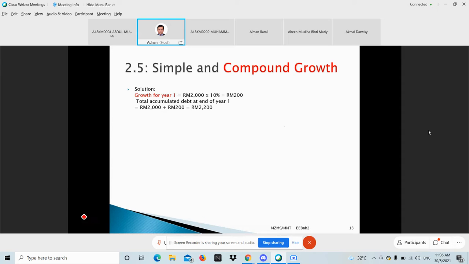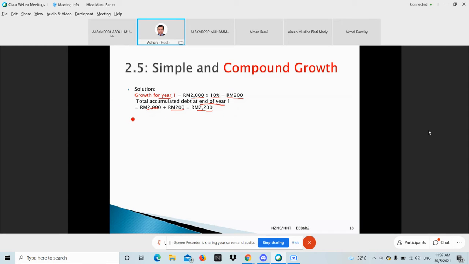Example here, for year 1, okay, you borrow 2,000, the growth is 10%, so you will end up with 200, okay, 200 as a growth lah. So what is accumulated at the end of year 1 is 2,000, okay, plus 200 going to be 2,200.